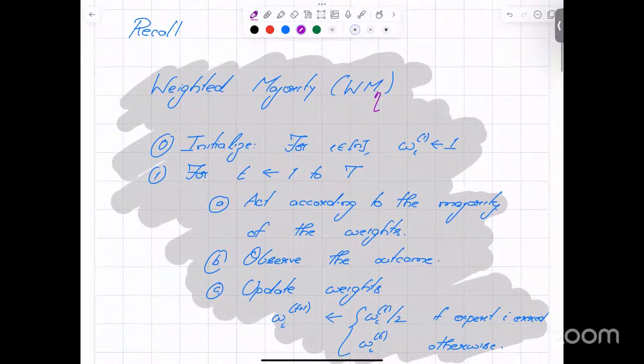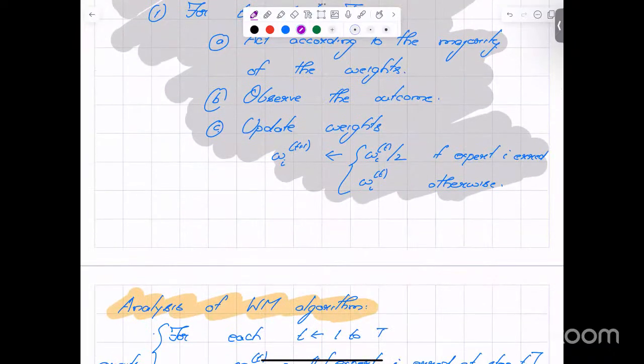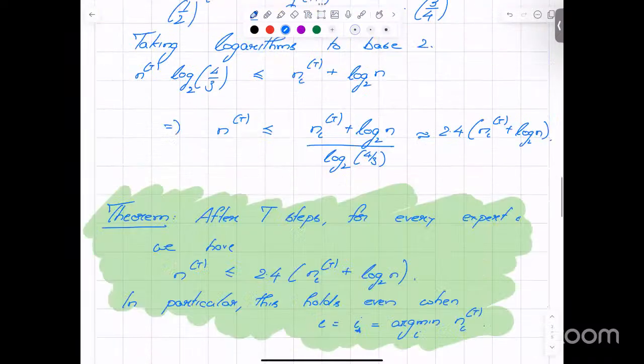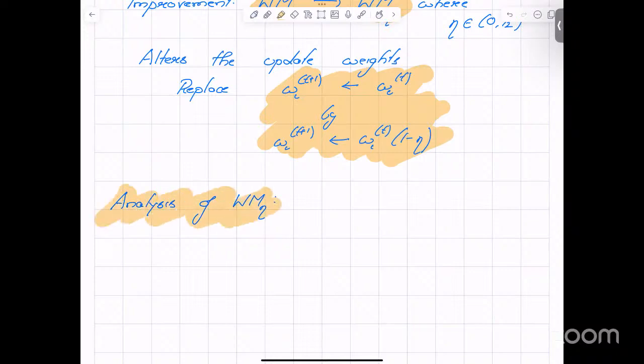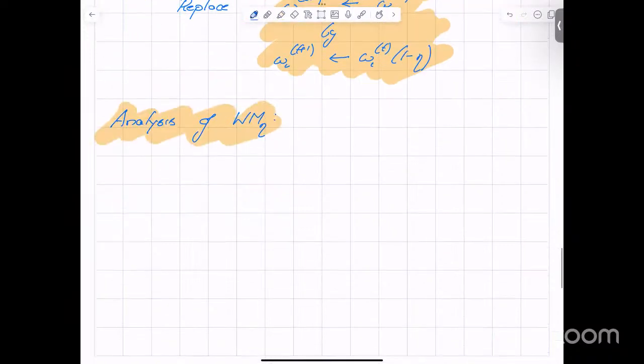The version of it will be this. This step will be replaced with... well, let's quickly see what's the analysis of the steps will be all very similar as before.